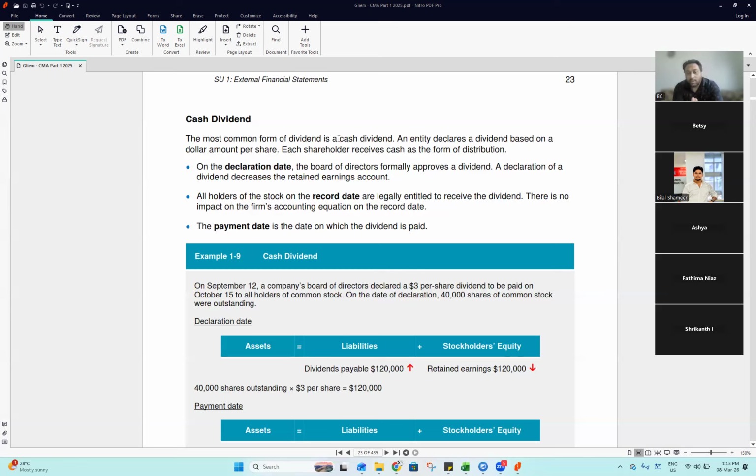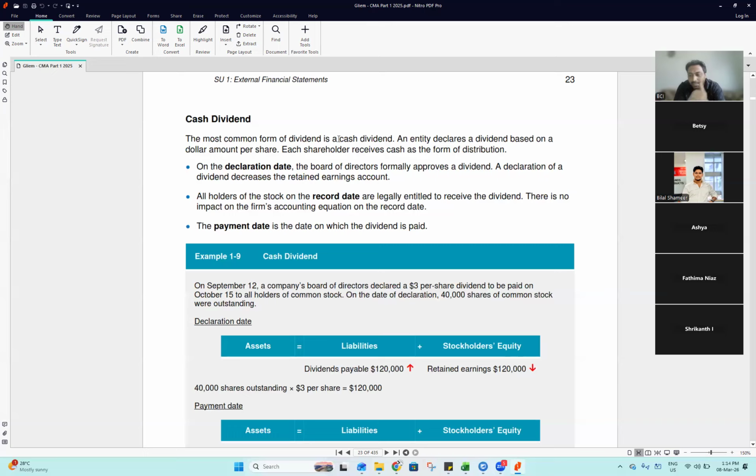Then comes the record date. Now we have to decide to whom we have to pay the dividend. When the directors declare the dividend, they will also declare a particular date as the record date. Record date is the date at which they take the list of shareholders. Whoever is willing to receive the dividend can hold the stock on that date.